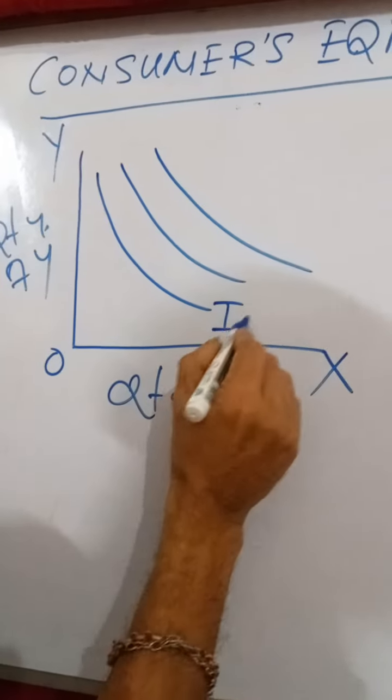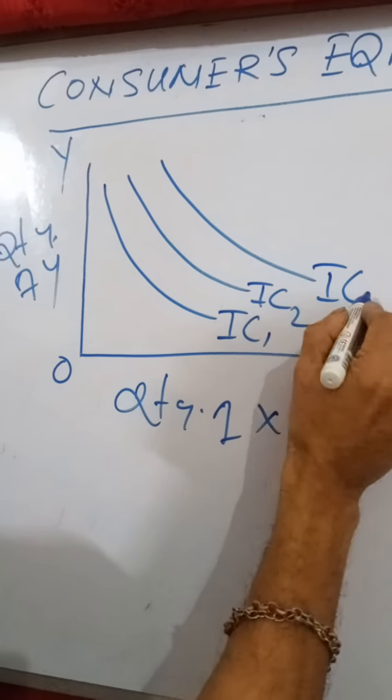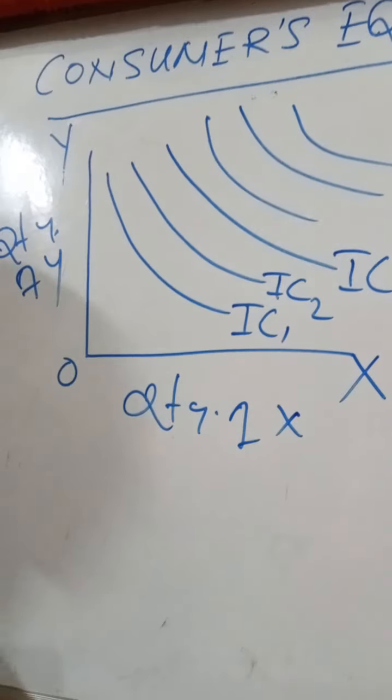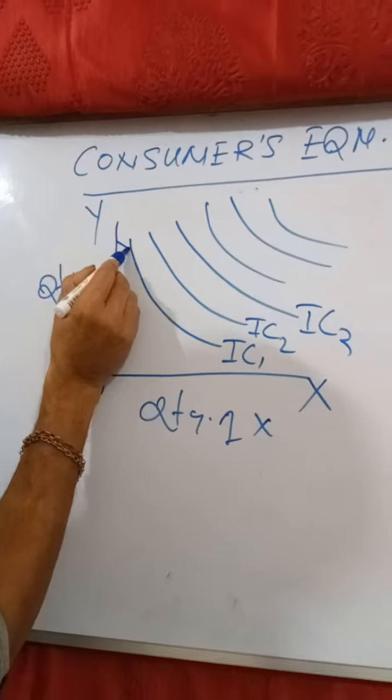Say this is IC1, this is IC2, this is IC3. There are other indifference curves as well. Suppose this is the price line of the consumer. This is A, this is B.